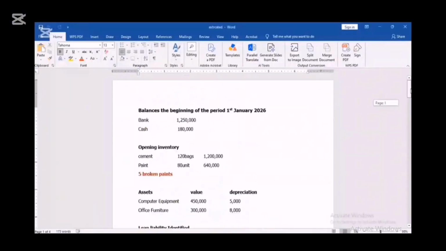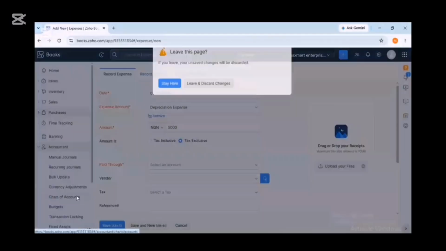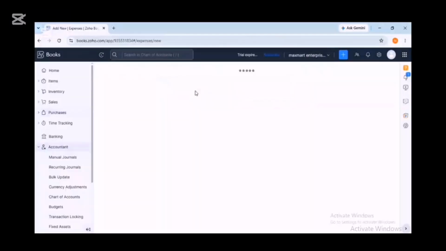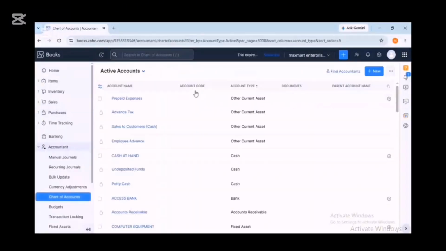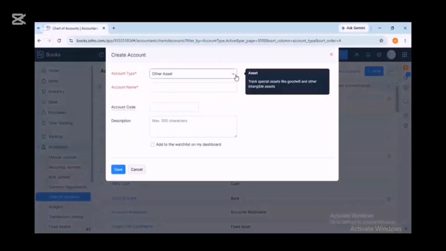So we have sorted out the customers, starting from the bank and cash balances, the inventory, assets, loan, and customer receivables. So the depreciation, we are going to do it right away because those assets have been in use for over 1 year. So we're going to record the amount of depreciation. First of all, we have to create an account for accumulated depreciation.